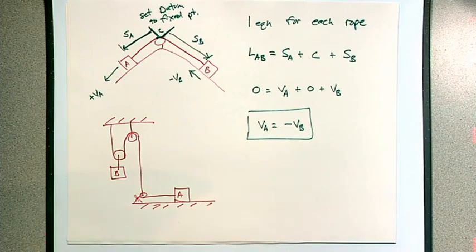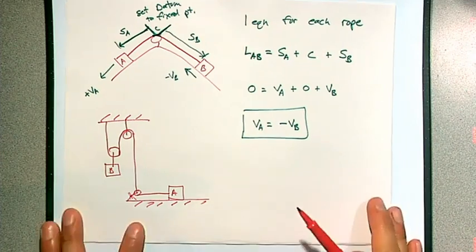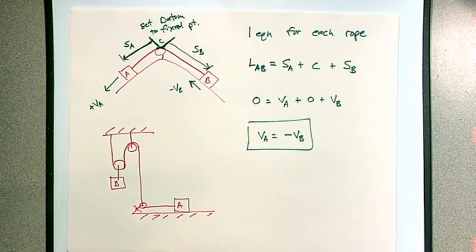All right. Let's try to follow our rules here. How many ropes do I have? I count through and I've got one rope.